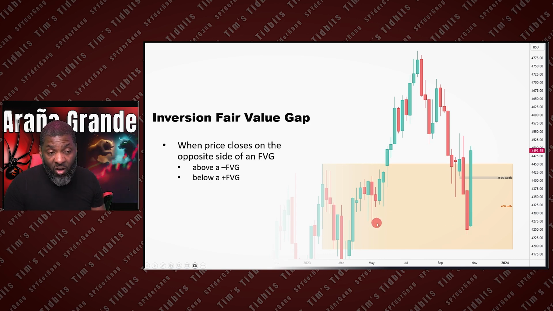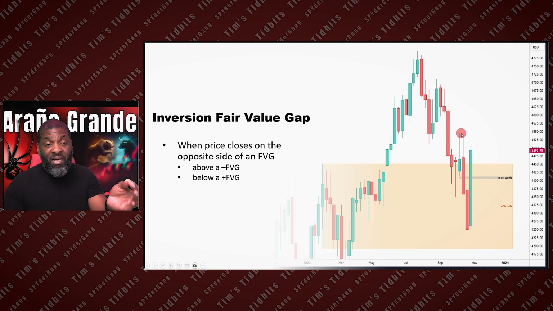We rejected off of the sell side and created an inversion fair value gap. So on the weekly time frame, since we rejected the weekly sell side and created an inversion fair value gap, out on the weekly, our draw is now the high that sent you there.